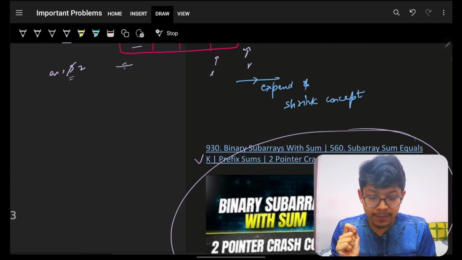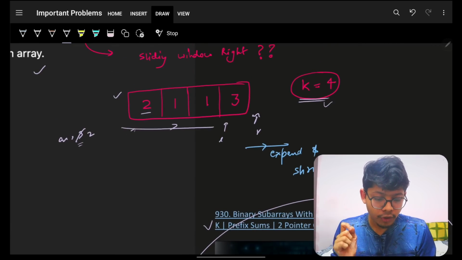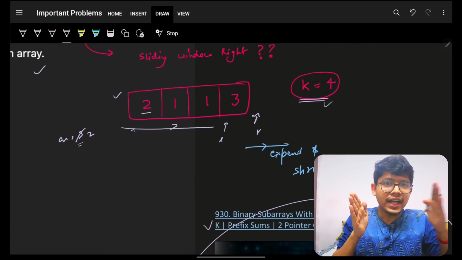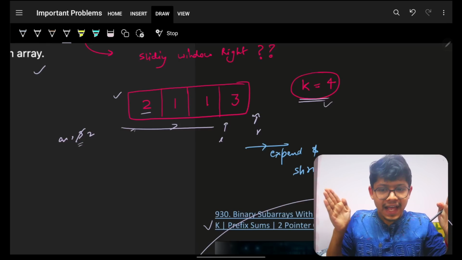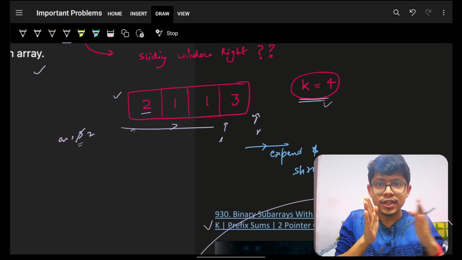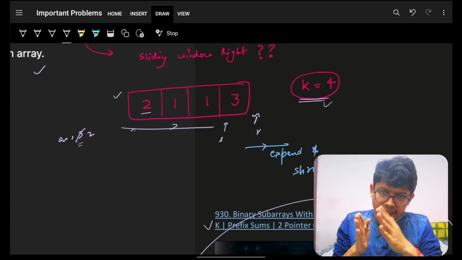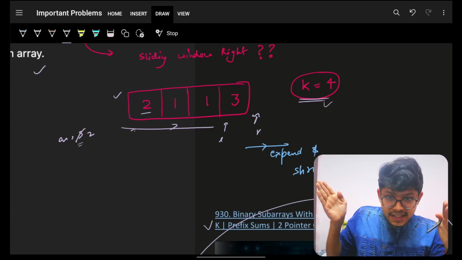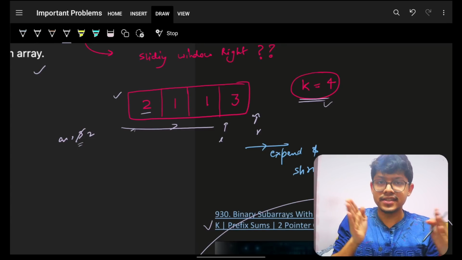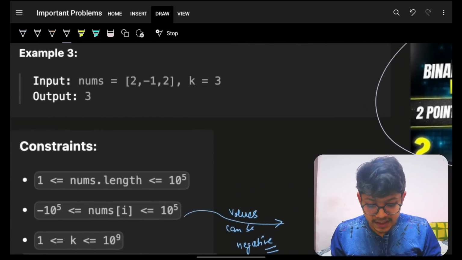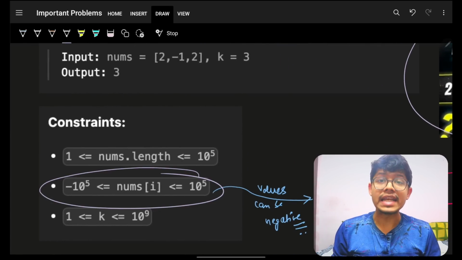In this case, I was able to apply it because as I keep going right, my sum increases, and as I go left, my sum decreases. So as I increase my window size, the effect is linear, and as I shrink my window size, my sum decreases, also linear. But the constraint says the values can be negative also.